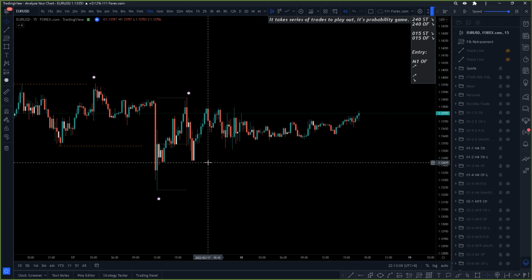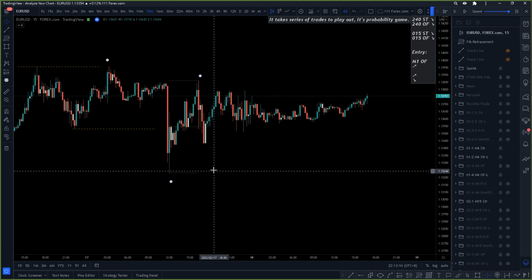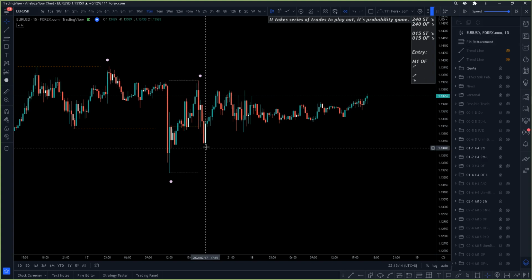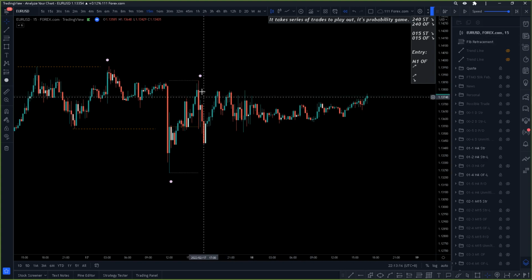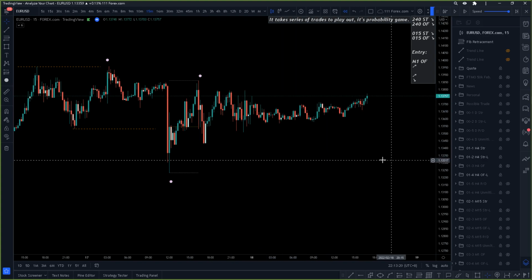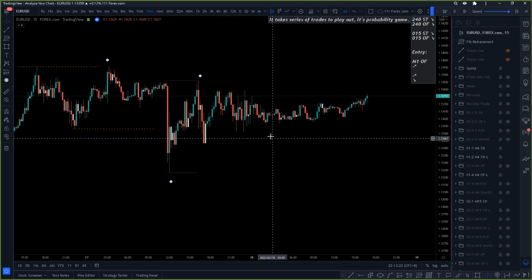That was valid, but another better way is to wait for a low, then a high, break this low and take some partials.